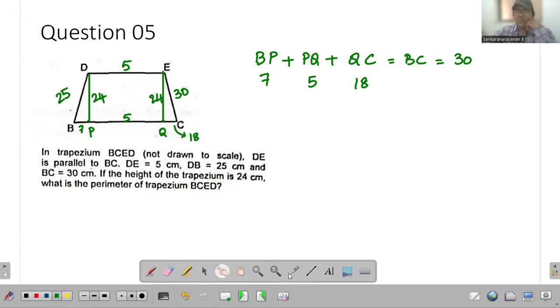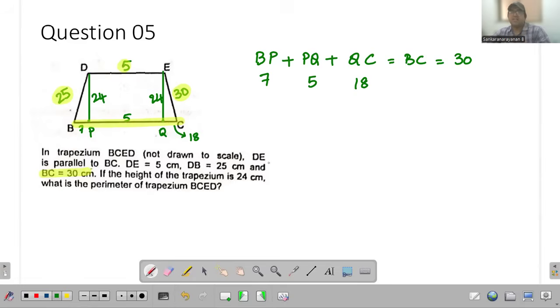Now, if that is taken care of, we can easily find the perimeter of the trapezium. What should I do? This 25 plus 5 gives you 30. We can see that this is equal to 30. And our BC, the full length given in the question, is equal to 30.